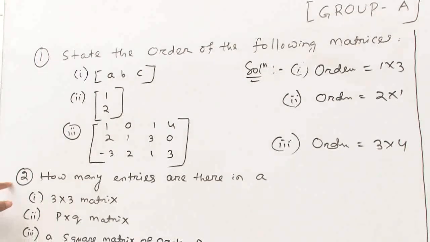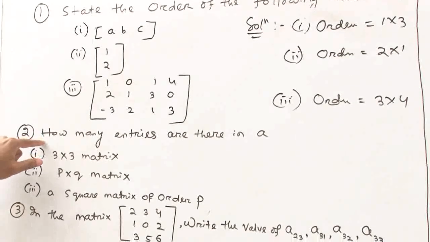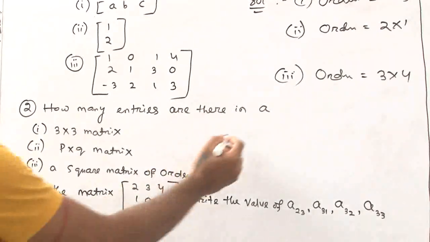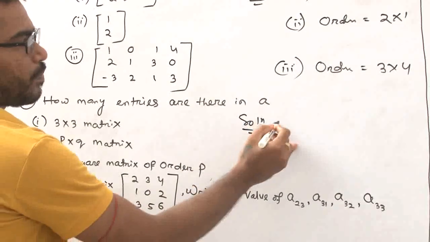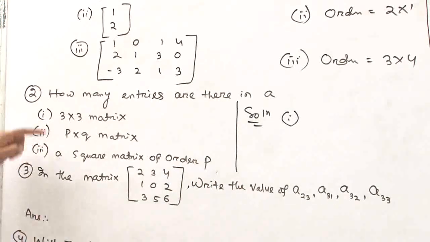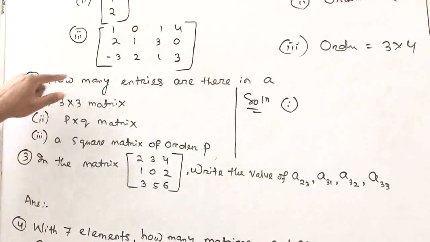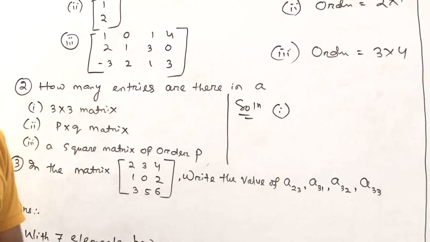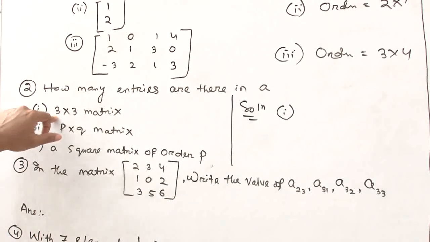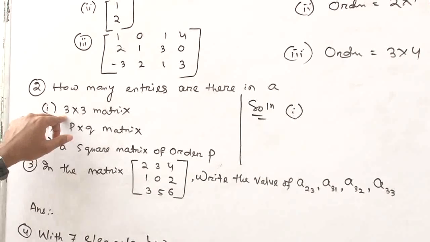Now question number 2. In question number 2, how many entries are there in a 3 into 3 matrix? Here is the solution. How many entries means how many elements in a 3 into 3 matrix. A 3 into 3 matrix means having 9 elements.